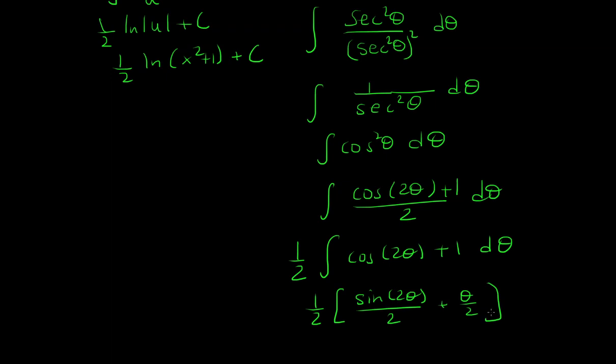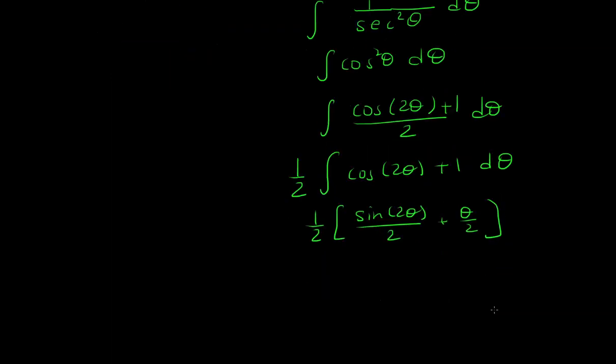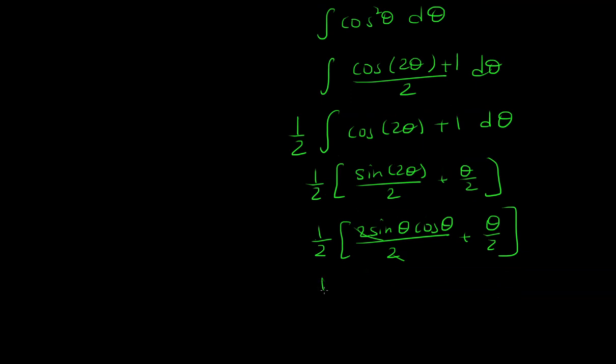Now we want to replace theta. But before we actually replace theta, notice that sine 2 theta is 2 sine theta cosine theta. That's going to be over 2 plus theta over 2, and then the 2's are going to cancel. I'm left with 1/2 sine theta cosine theta plus theta over 2.